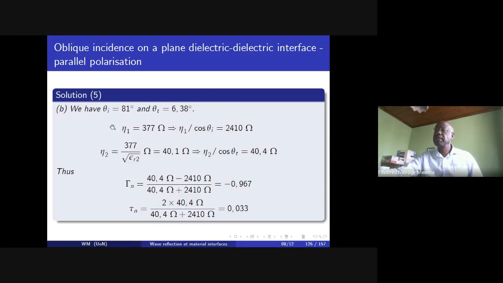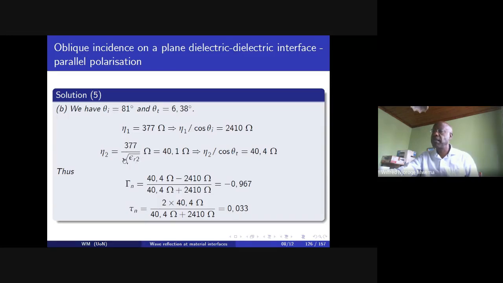Now, we know that the intrinsic impedance for air is almost that of free space, and therefore we can correct that to an effective impedance of eta 1 divided by the cosine of theta i, and we get a value of 2,410 ohms.